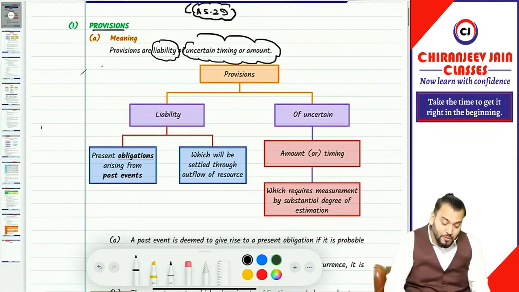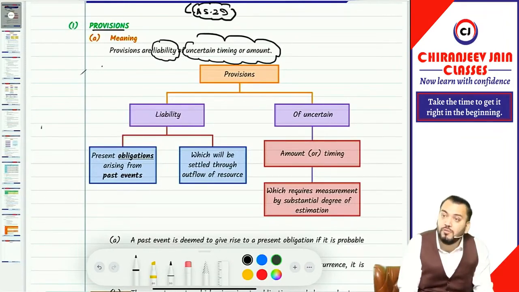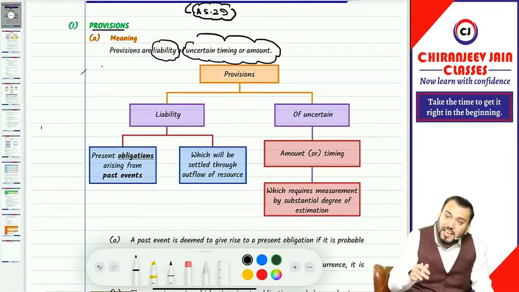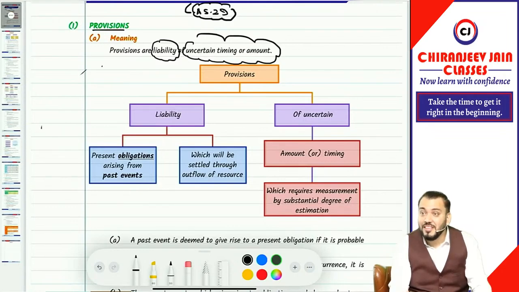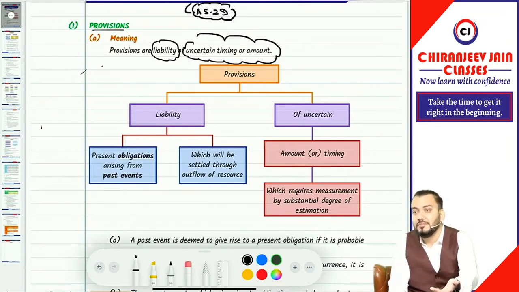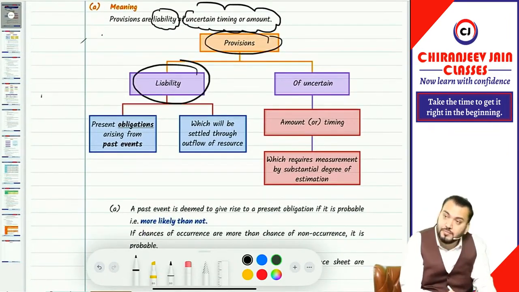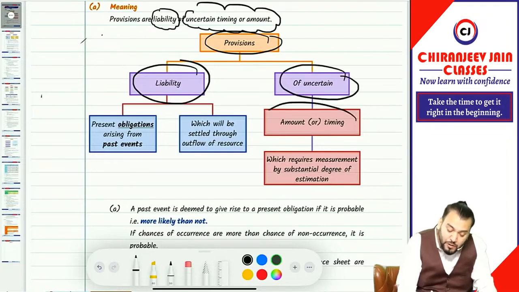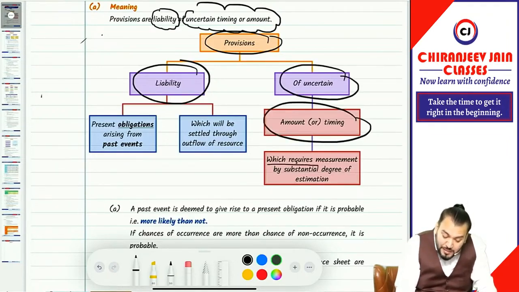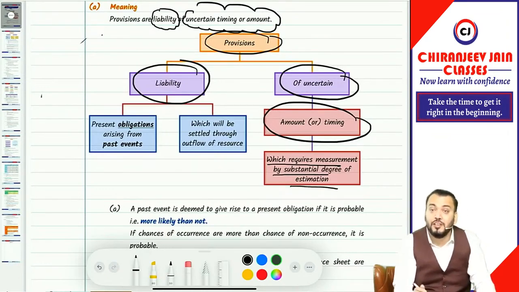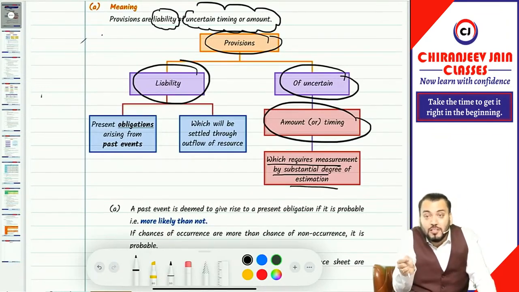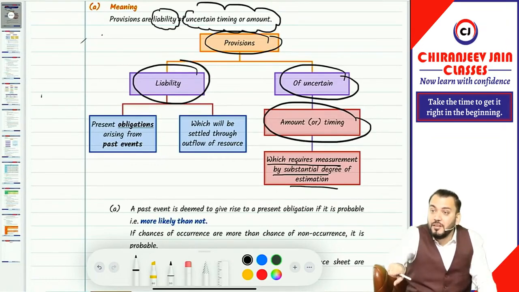Have you understood? So it is uncertain timing or amount which we can estimate. If you cannot estimate, you cannot recognize a provision. Simple. So can you say provisions are liabilities of uncertain amount or timing which require measurement by a substantial degree of estimation?